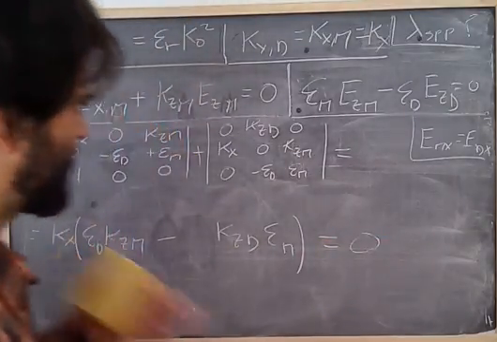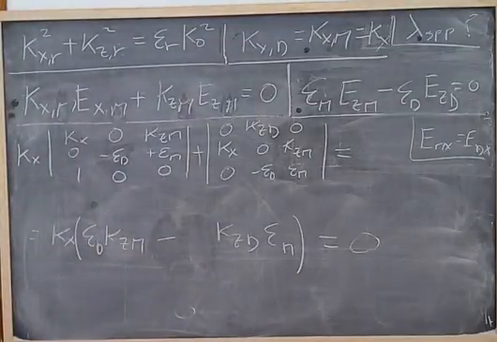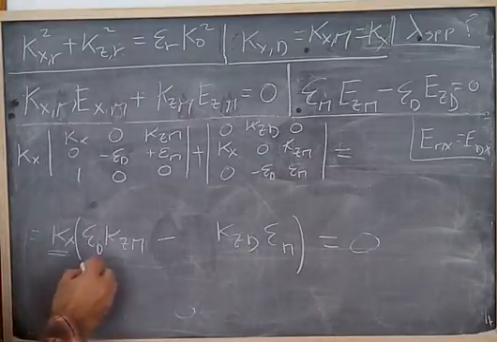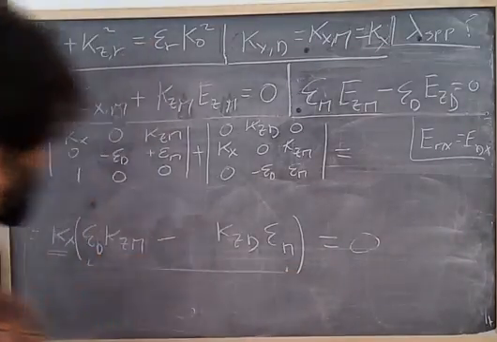The determinant must vanish, so this value cannot be zero. In that case, we don't have a proper solution, so this must be zero.